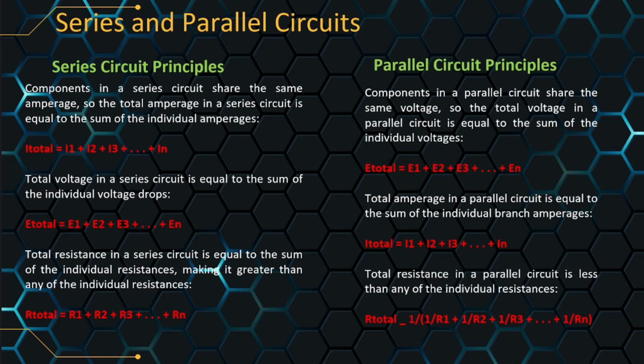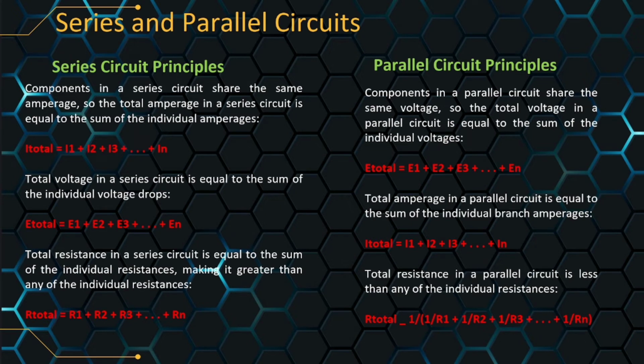So next are series and parallel circuits. Series circuit principles: components in a series circuit share the same amperage, so the total amperage in a series circuit is equal to the sum of the individual amperages. So I total is equal to I1 plus I2 plus I3 and so on. Total voltage in a series circuit is equal to the sum of the individual voltage drops.